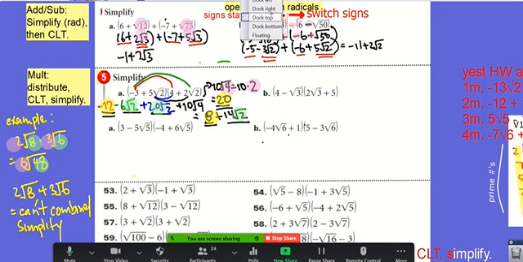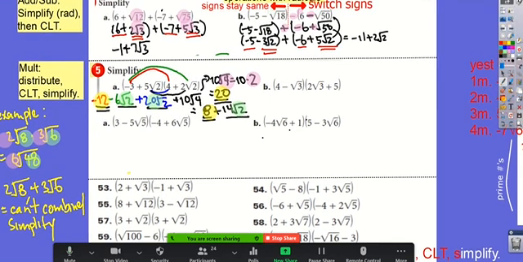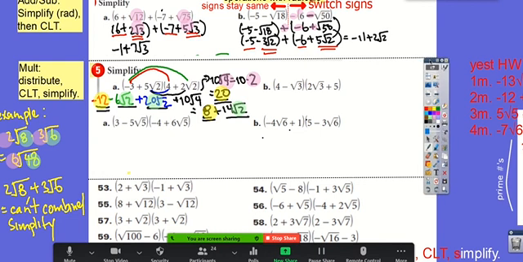Now let's say we have red, green, blue, black. Again, same deal here.